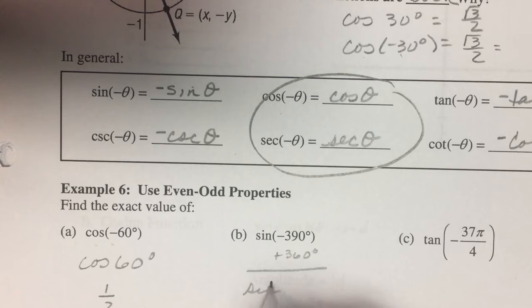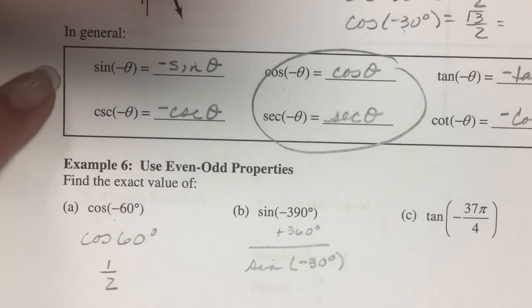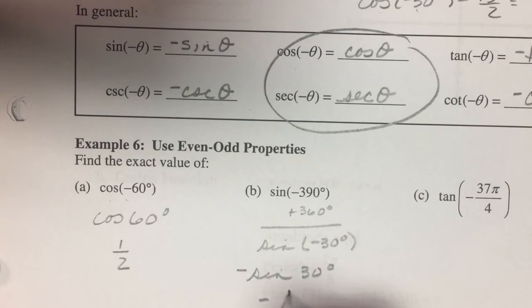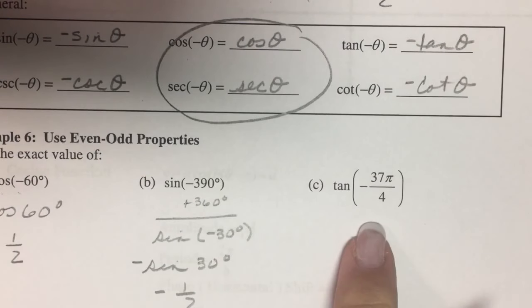So this would be the sine of negative 30 degrees, which according to the fact that it's odd means that is the negative sine of 30 degrees, which is negative 1/2.